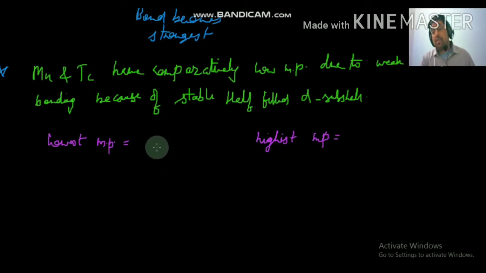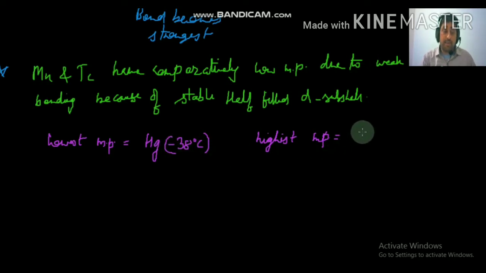The element which is found as a liquid at room temperature is mercury, and its melting point is minus 38 degrees Celsius.